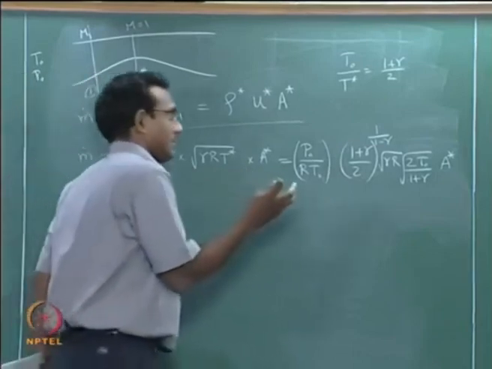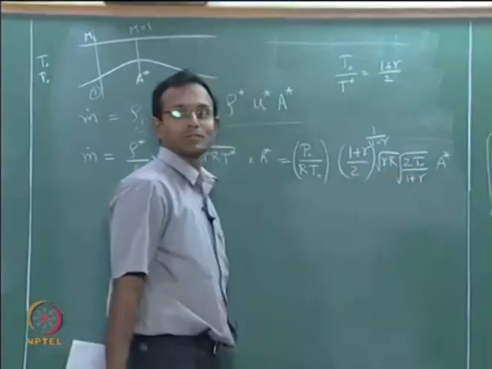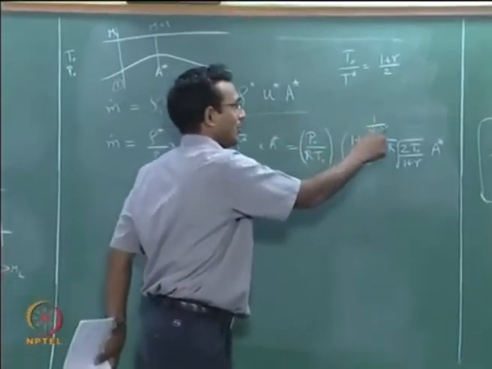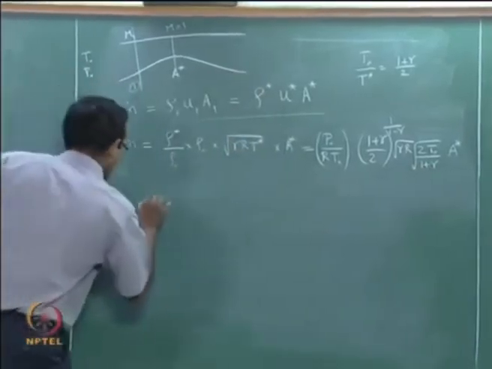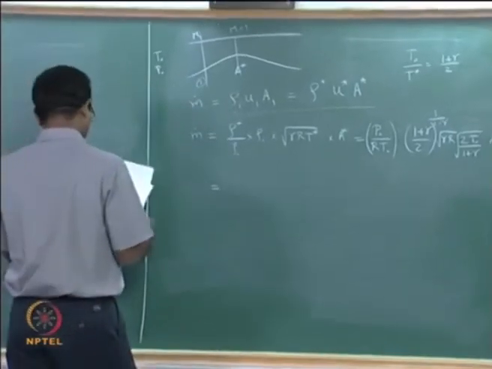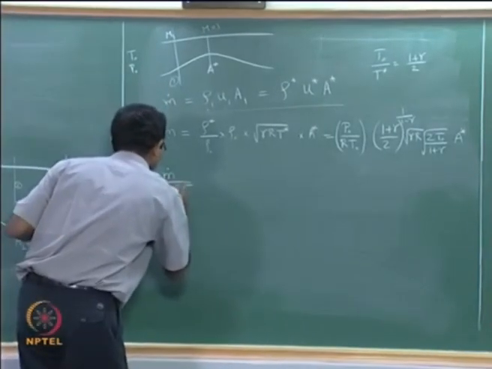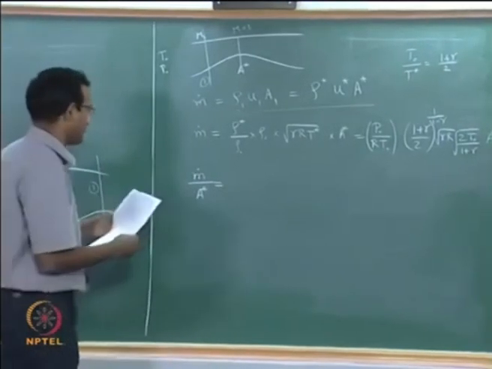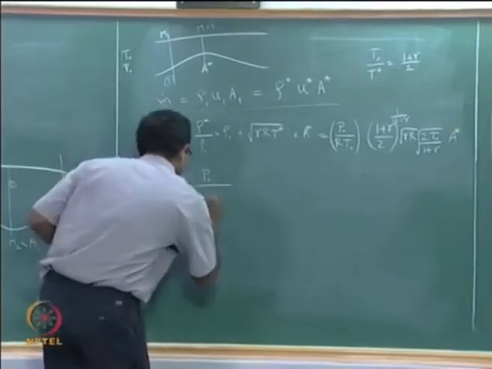Now if you see, nothing really gets cancelled except for this R T naught and R T naught here inside the square root. Everything else stays as is, and probably I can simplify this 1 plus gamma to the power 1 by gamma minus 1 minus gamma and 1 plus gamma to the power half. Okay. Let us say I will leave it to you as an exercise and I will just write the final expression. If I write the final expression in a form which is very common, I will take the A star and put it in the denominator here, m dot by A star, that is going to be given as P naught by square root T naught.